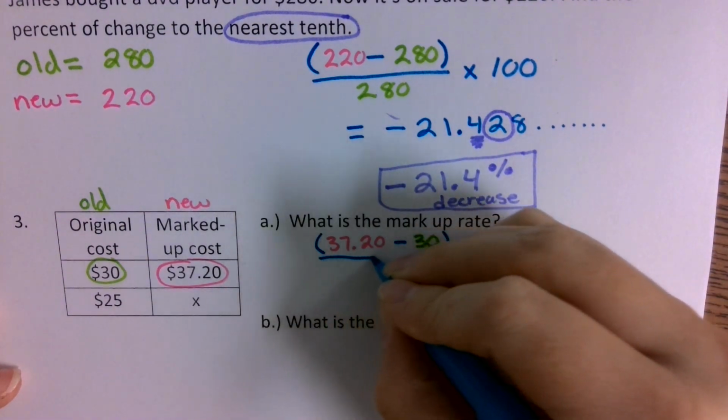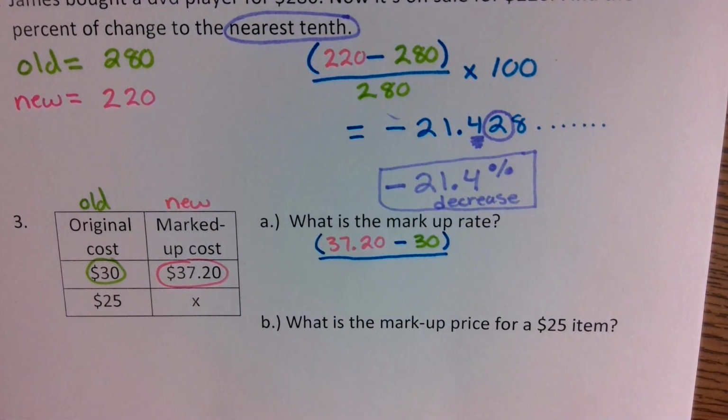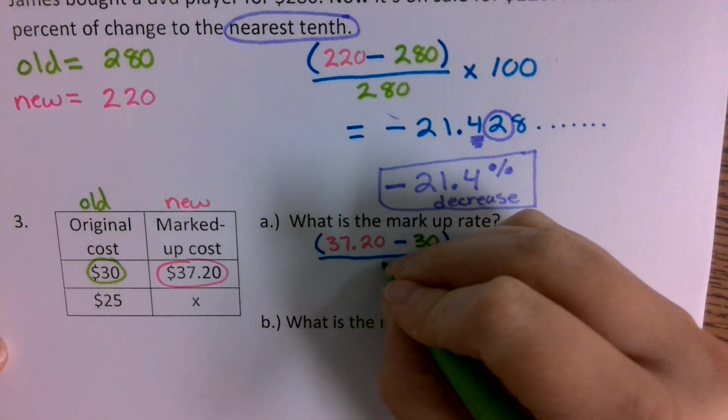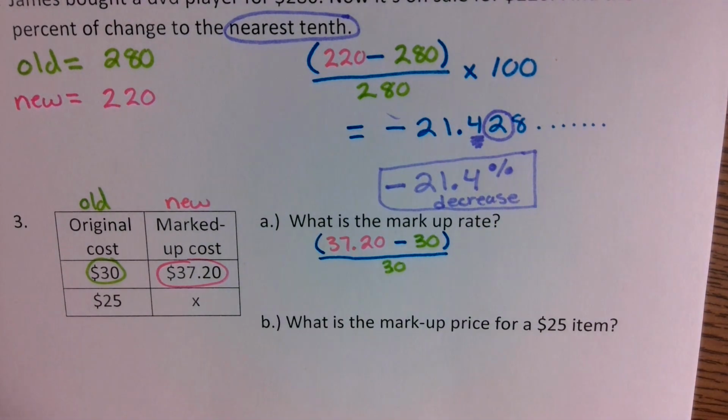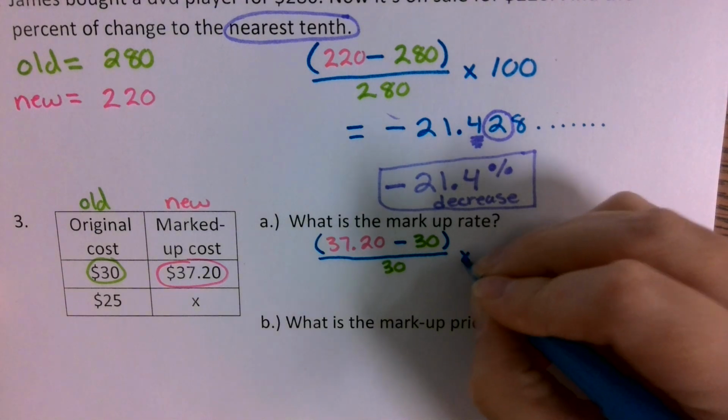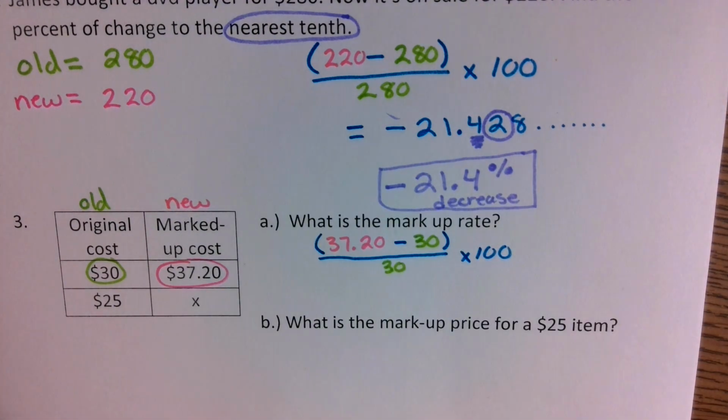Then we're going to divide that answer by the old, which was the $30. And then we're going to multiply it by 100. Go ahead and do that in your calculator right now. Do 37.20 minus the 30, divide it by the 30, and then multiply it by 100.